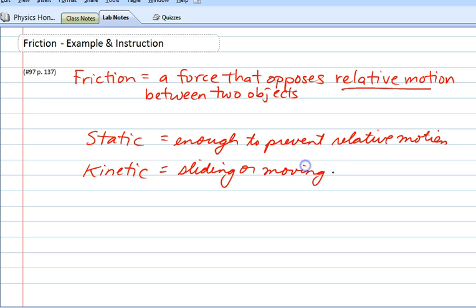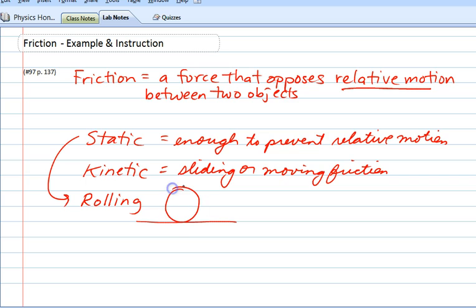Now there's a third type that is a bit beyond what we're going to talk about in this class called rolling friction, and it's kind of like a special case of static friction. What this comes from is the fact that if you have a wheel rolling on the ground, technically that wheel is only supposed to touch the ground at one point, and then a split second later, if it's rotating this way, a new point will be touching the ground, and then after that another point, and you get the idea.